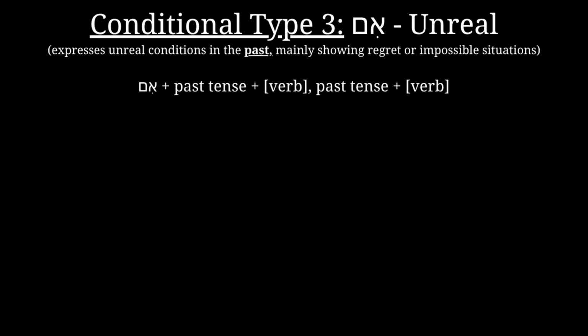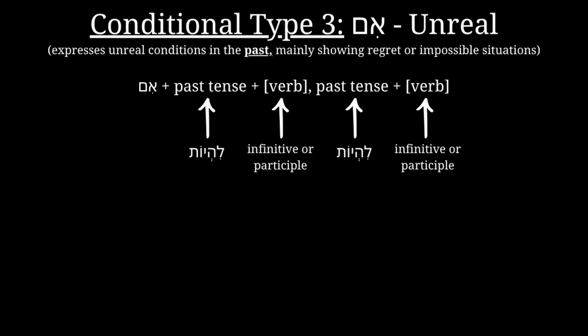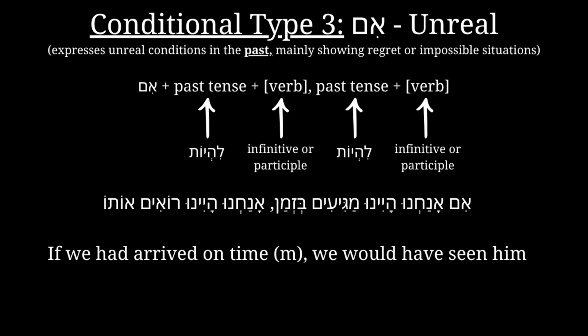Usually in this pattern, the past tense will use past conjugations of "lehiyot", to be, and the verb will be an infinitive or participle that would express the perfect past, like saying, "Im anachnu hayinu magi'im bezman, anachnu hayinu ro'im oto."